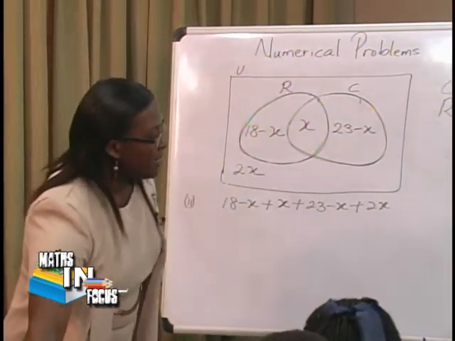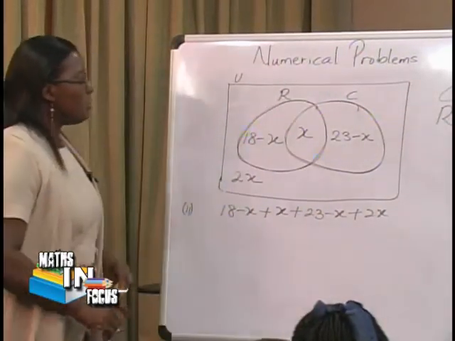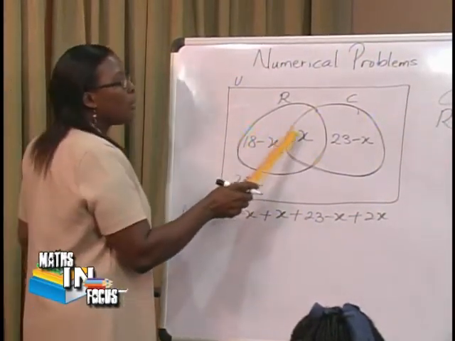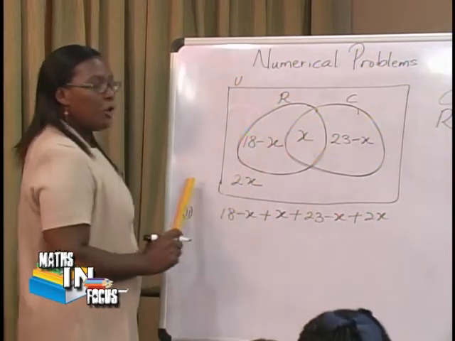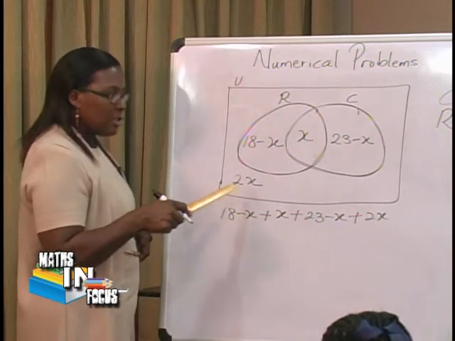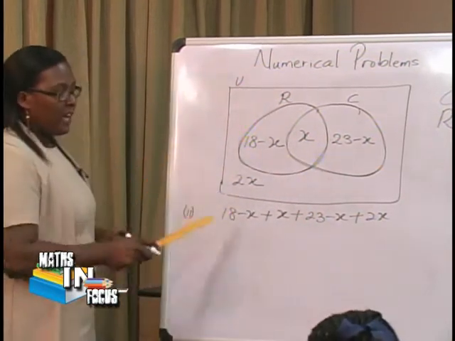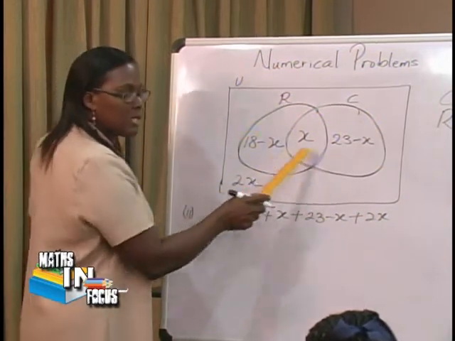The third part asks us to calculate the value of X. So we want to know how many students own recorders and cameras, and how many students do not own recorders and cameras. Also, who own recorders only or cameras only. So when we find X, we'll be able to determine these numbers.